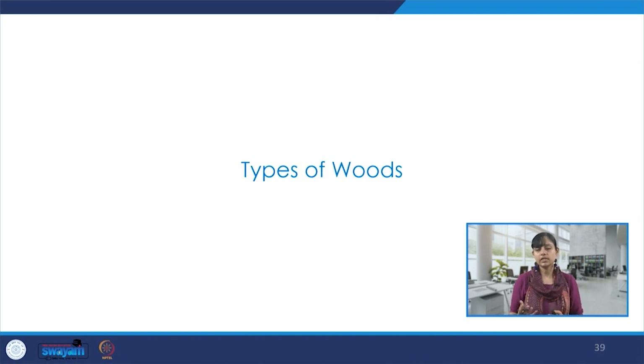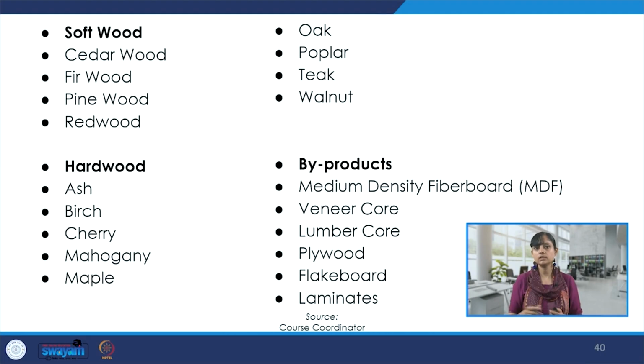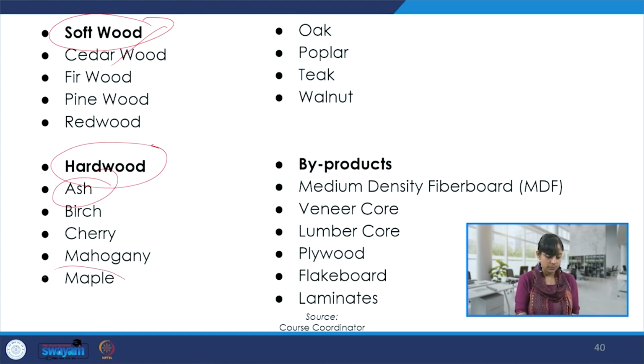The types of woods that we broadly started this discussion with, focusing on the hardwood and softwood, we are now going to talk a bit about these different kinds of woods. So when we talk about softwood, we see examples like cedar, fir, pine, redwood. And when we talk about the family of hardwoods, very popular and very commonly found in the market and seen in the applications during the interior design projects and their execution are the ash wood, the birch wood, mahogany, cherry, maple.